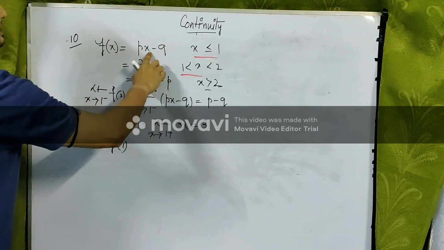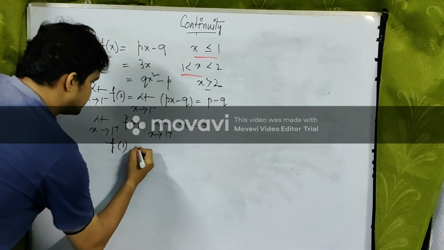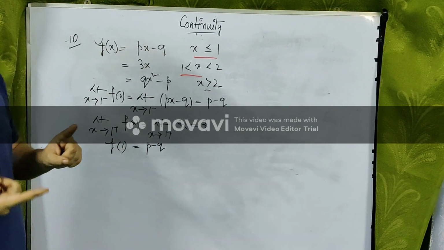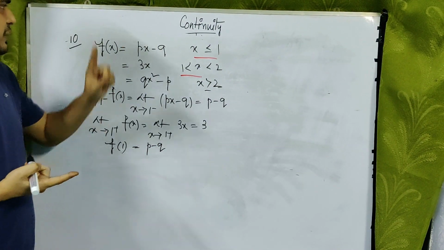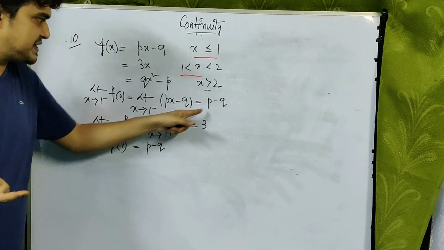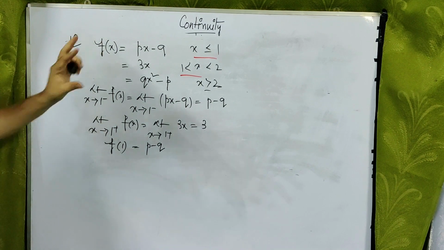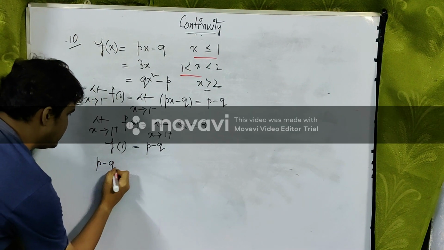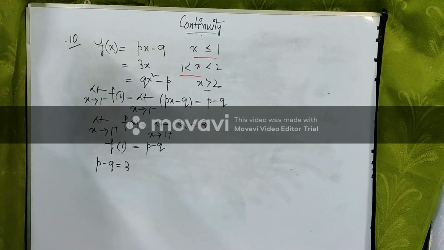If I put x equals to 1 in this equation, I get f(1), so it will be equal to p minus q. Now, because the function is continuous at the point x equals to 1, these three values will be the same. Already we can see these two are the same, p minus q. So from here we can say that p minus q equals to 3.